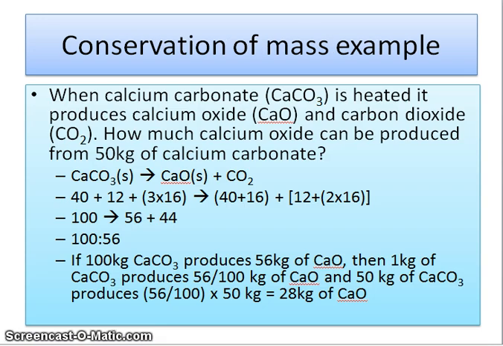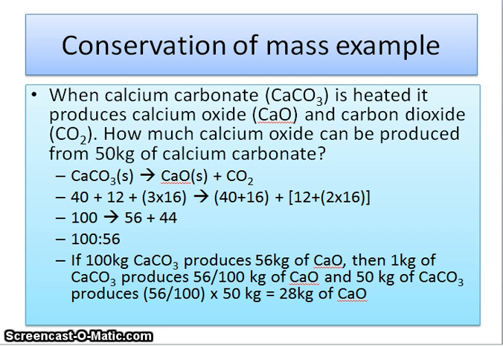Let's have a look at that as an example. We're looking at calcium carbonate, CaCO3. If you heat that up, it produces calcium oxide and carbon dioxide. The question might say, how much calcium oxide can be produced from 50 kilograms of calcium carbonate? The first thing you'd do is write down the equation.